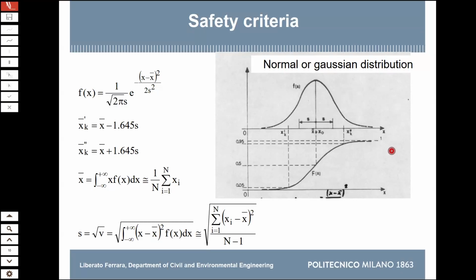So here you have basically the values that this quantity can have. And on the y-axis, you put the frequency of the events for which that quantity takes that exact value. So this is called the frequency distribution function.